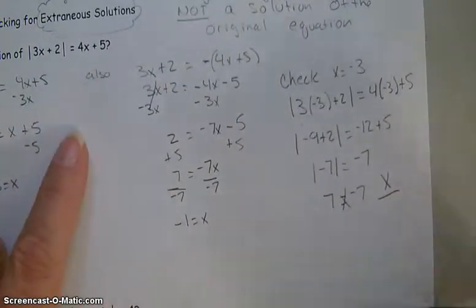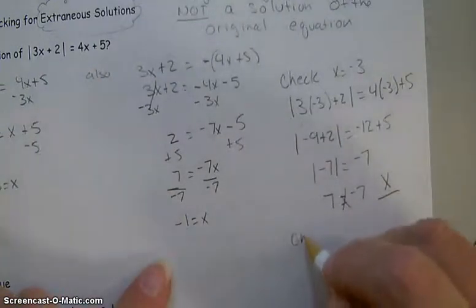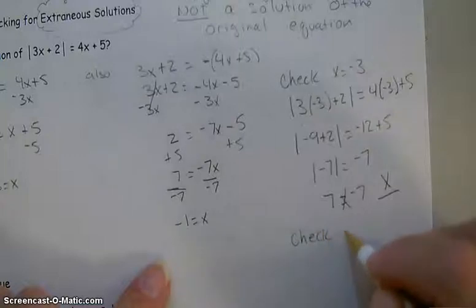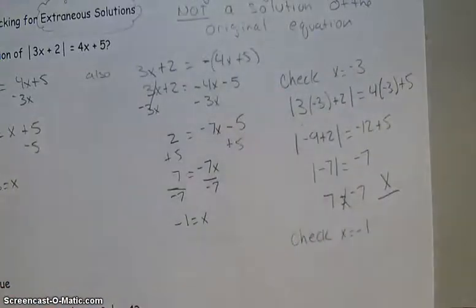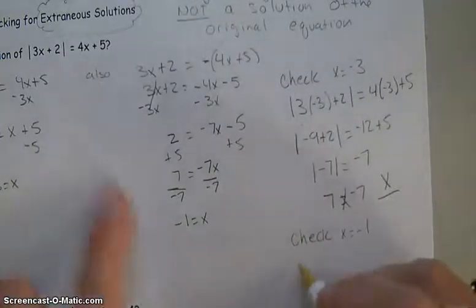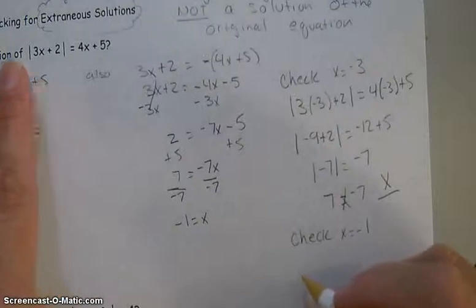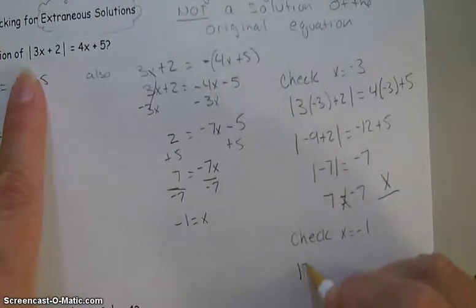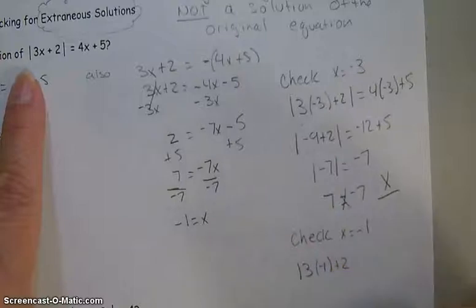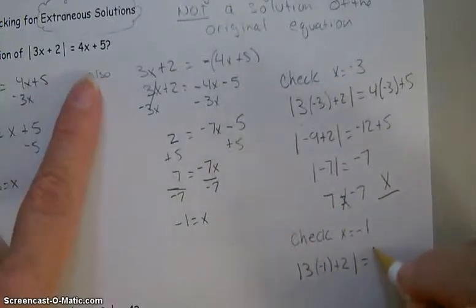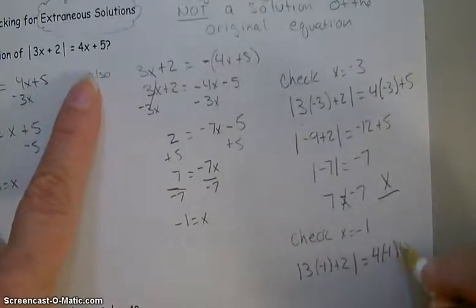Let's check x equals negative 1. So I go back to the original equation, which is the absolute value of 3x, where I'm going to put in negative 1, plus 2 is equal to 4 times negative 1 plus 5.